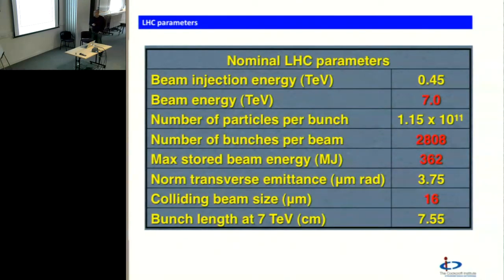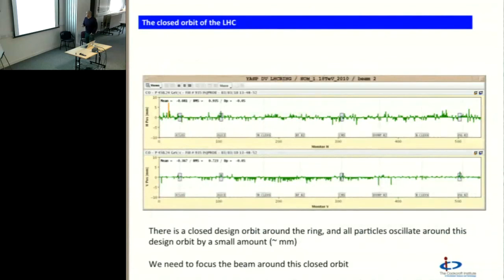So we have a lot of energy stored in our accelerator. We have a beam size where the bunches collide of 16 microns. So we squeeze that energy into a size of 16 microns. So synchrotrons are pretty impressive machines. And a parameter that becomes relevant later on, the bunch length, is of the order of 7.5 centimeters.